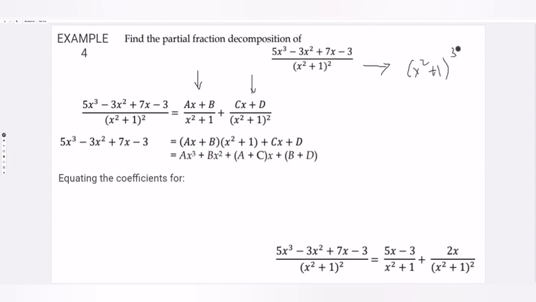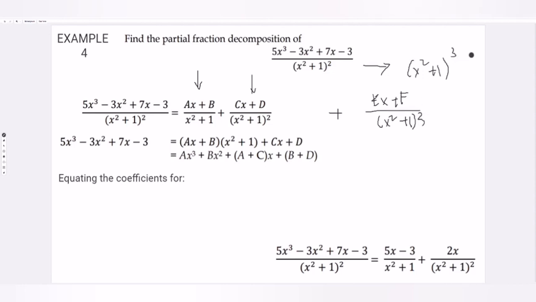Take note that since we have raised to 3, or cube, the last step here is we need to add (ex + f) over (x squared + 1) raised to 3.